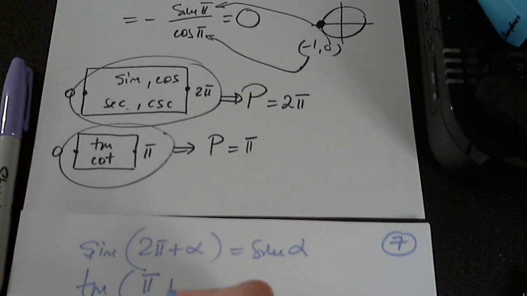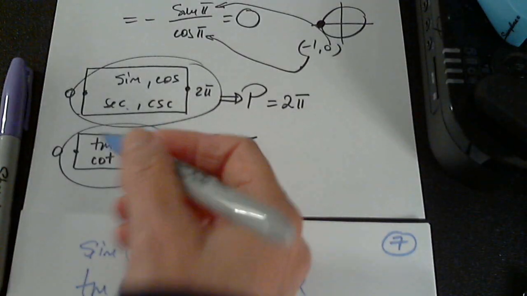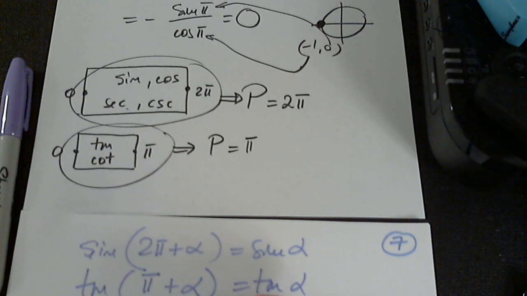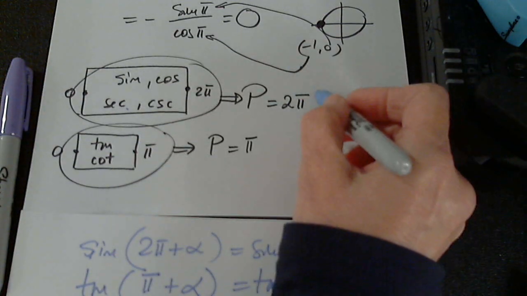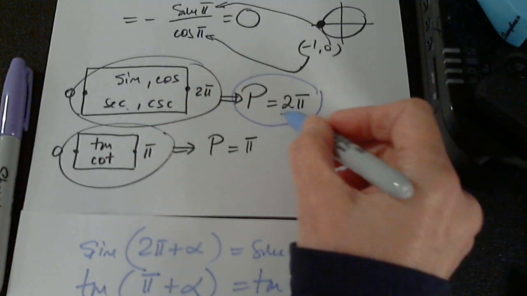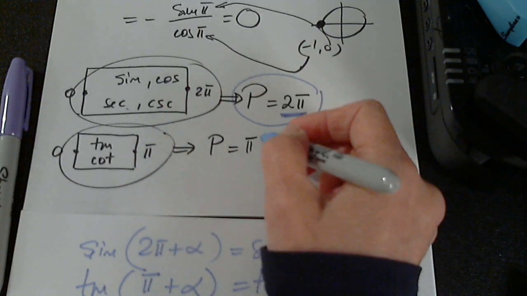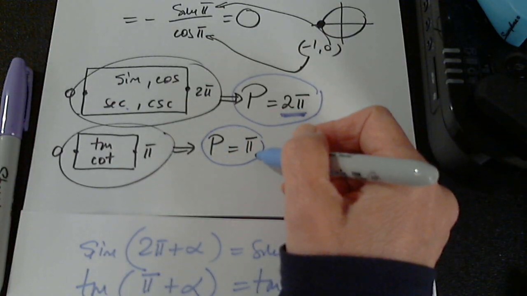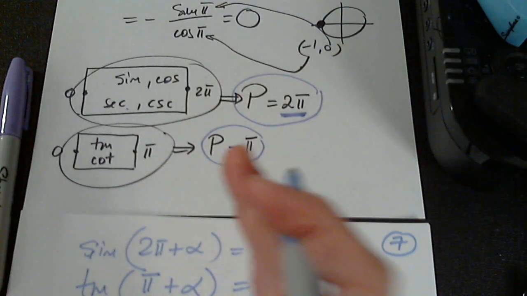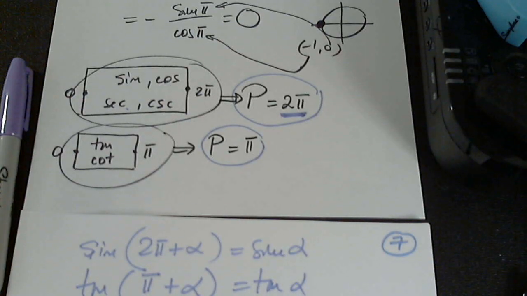Tangent of pi plus alpha is tangent alpha. What about cotangent? Cotangent of pi plus alpha is cotangent alpha. So 4 functions repeat themselves in chunks of 2 pi. Only 2 repeat themselves in chunks of pi, or blocks of pi.